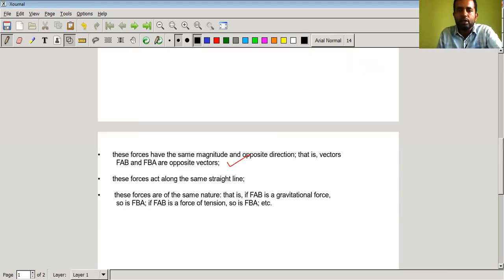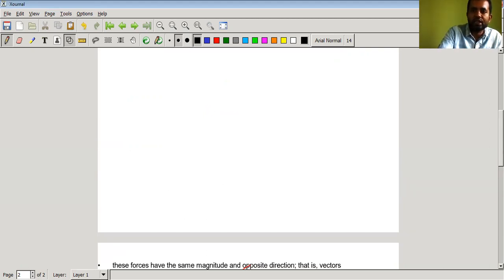Now, the third property is that they are of the same nature. Now this is very important: if one is gravitational force, then the other will be gravitational force. If one is, let us say, tension, the other will also be tension, and so on. So they will have the same nature.